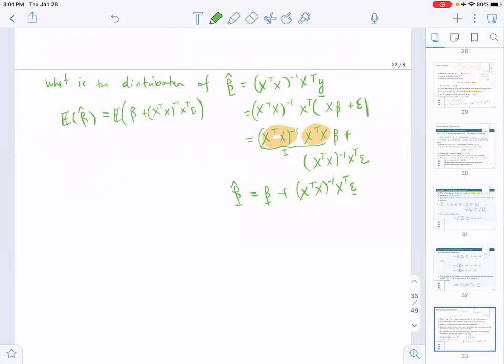No, you can't do anything to this piece. You can't take x transpose x out because they're not square. So this cannot be broken up. So there should be some other strategy.